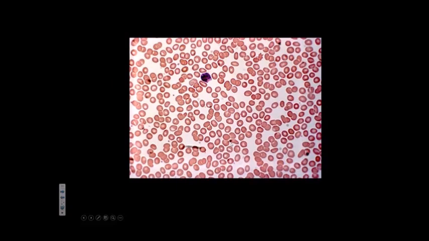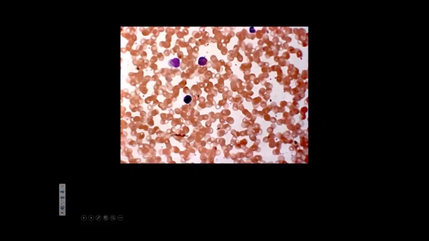Okay, so what cell type is that? I think it is basophil. I think it is. Okay. So, what cell type is this? Looks like a lymphocyte. What cell type is this?